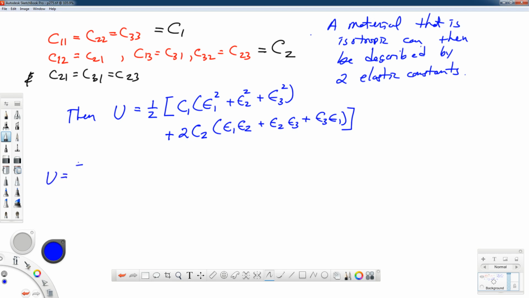So we're going to rewrite this. Here's the half. I'm going to split this up into two bits. I'm going to take my C2 and multiply it by this term, and I'm going to subtract that same term.